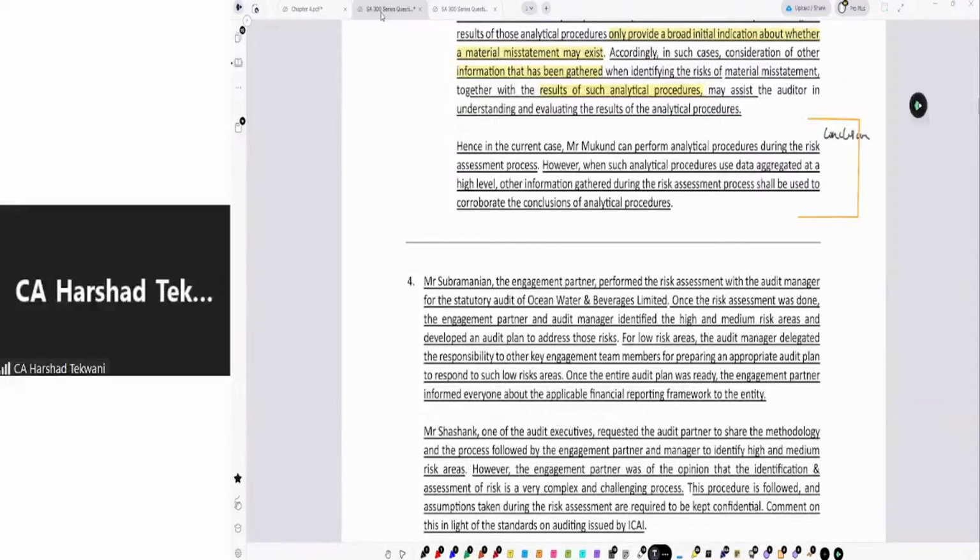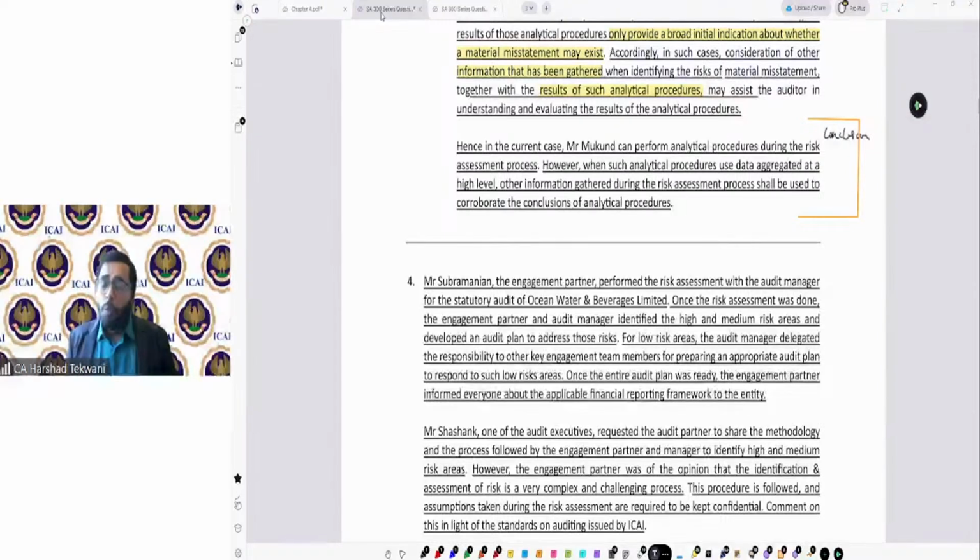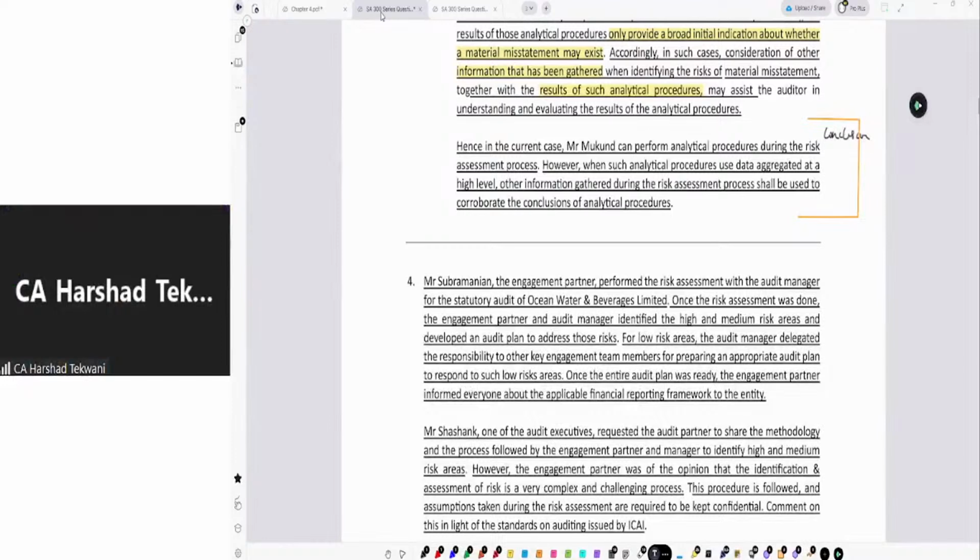Once you are done with the reading, then try to identify what is wrong here, what went wrong, what kind of a risk, or what was not appropriate. You feel that it might not be appropriate in the current scenario. What is wrong here?